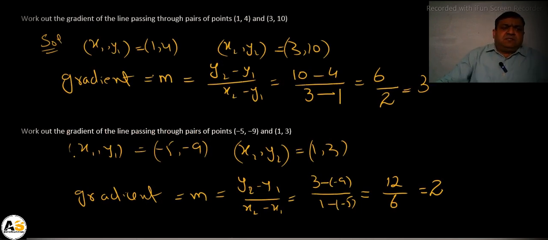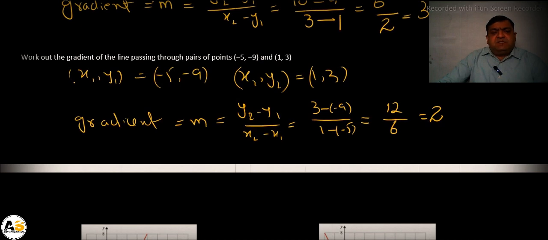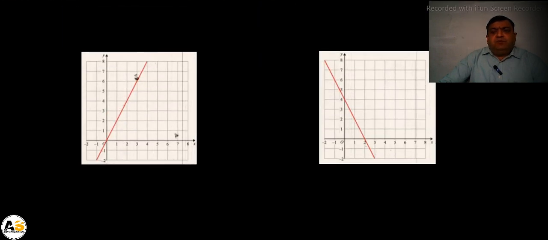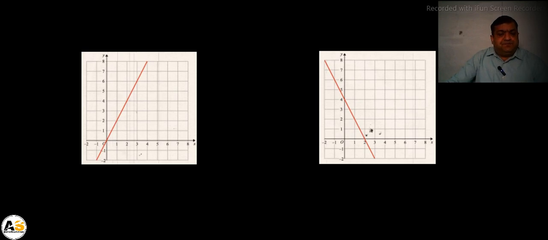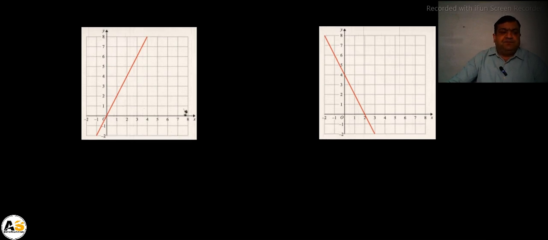Sometimes this is not the case that the points are straightforwardly given in the form of ordered pairs. Sometimes in the questions the points are given like this. You are given a figure, a grid that shows different points of a straight line, and you are asked to find the gradient of this line. If we look over here, in the grid, first we need to identify some points which can easily be read by us.